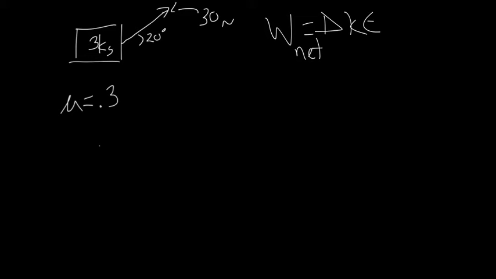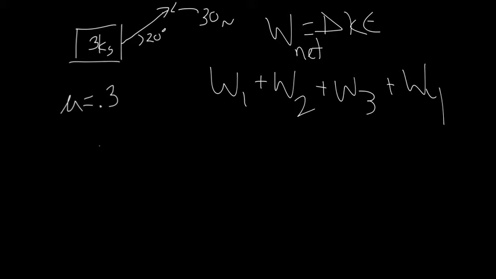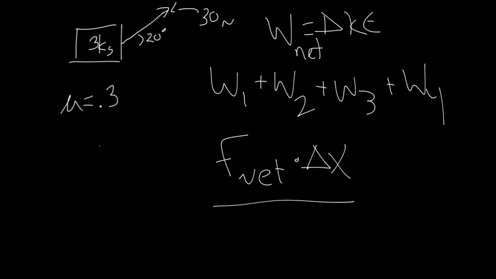So say there are 4 forces, you could add the work done by all 4 forces, or you could find the net force and multiply that by the displacement to find the total work. Okay, and these two methods are equivalent, and it's totally up to you how you want to use them.